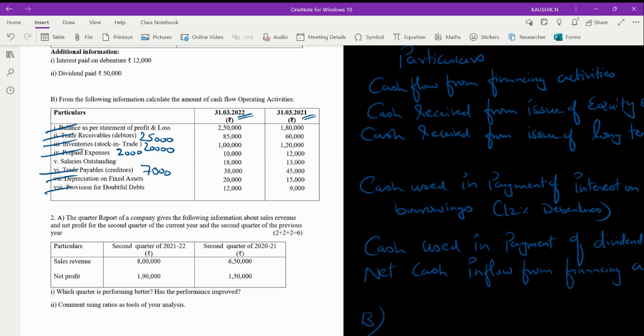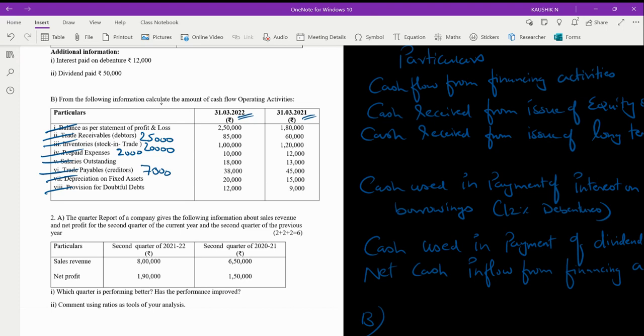Salary outstanding. What type of liability is that? Current liability. So whether it has increased or decreased: it was 13,000 earlier, now it is 18,000. So increase in current liability. What will you do with an increase in current liability?